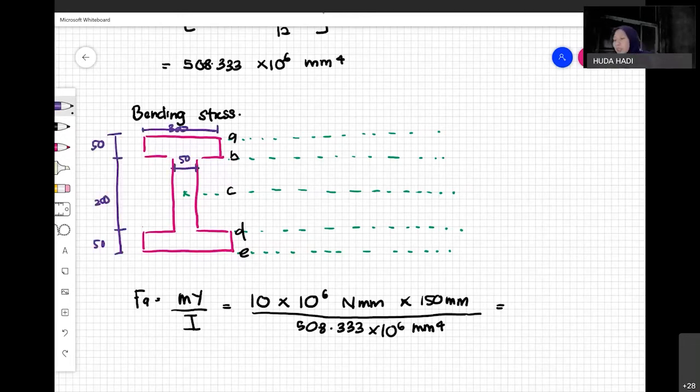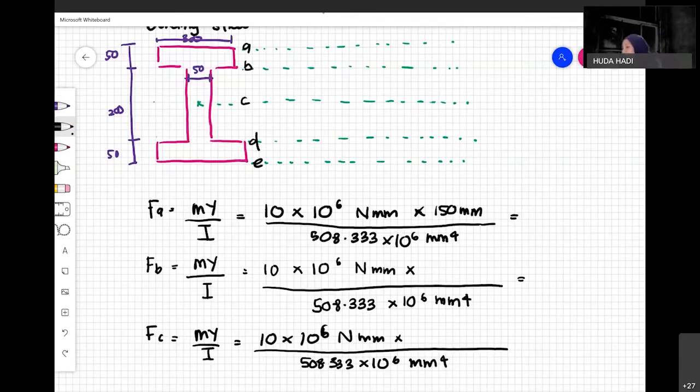From point A to point C, obviously you just halve the distance, because from point A to point C it is 150, half of the beam size itself. So it is 150. So for point B, what is it? Distance from B to the centroid of everything? 100. Okay, correct. Thank you.